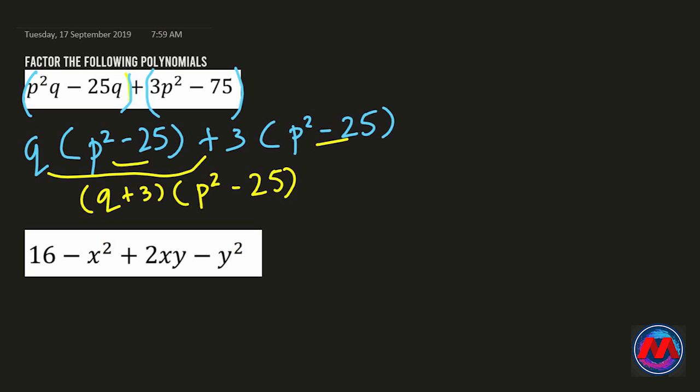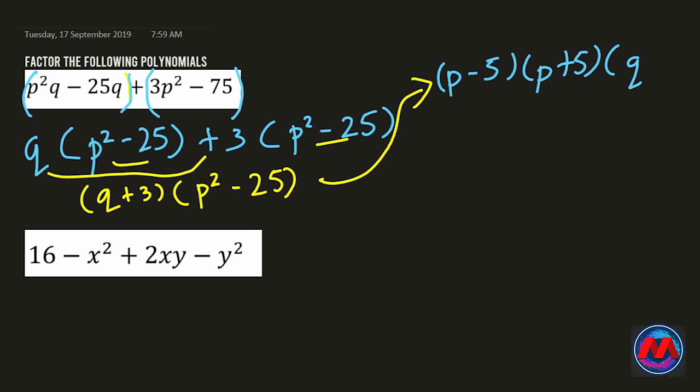P squared is a perfect square, and 25 is also a perfect square. So the result is p minus 5, p plus 5, times q plus 3. That is our final answer. Those are the factors of this polynomial.